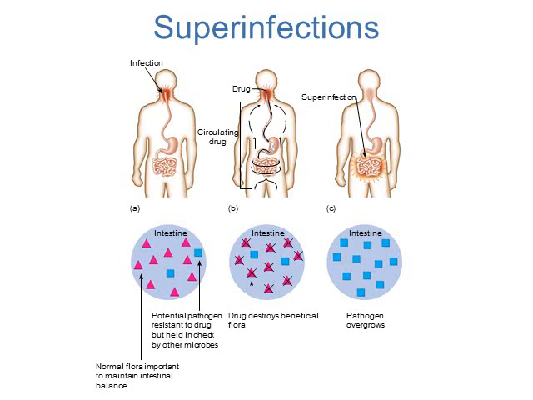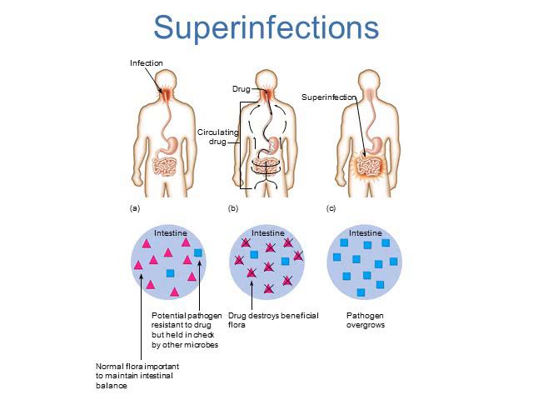So the drug takes care of their sore throat, but it also kills off some of the normal flora in the intestines. So some of these pink triangles are killed off. This allows those blue squares to take over. And if you get lots of those blue squares, it causes an infection, so it becomes a pathogen. And so now you have a super infection in your intestines, right here.